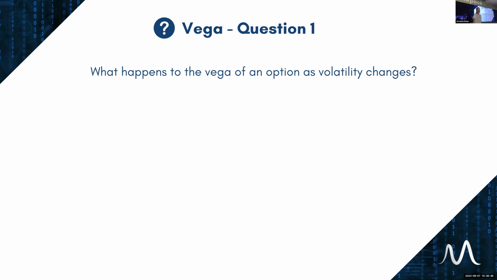So now what happens to the Vega of an option as the volatility changes? So have a think about this.